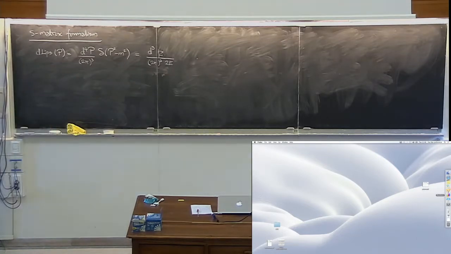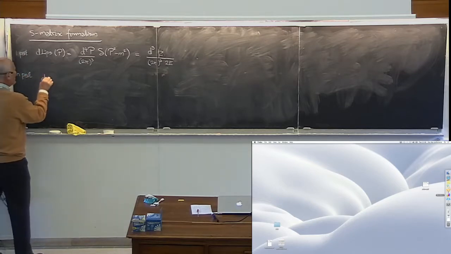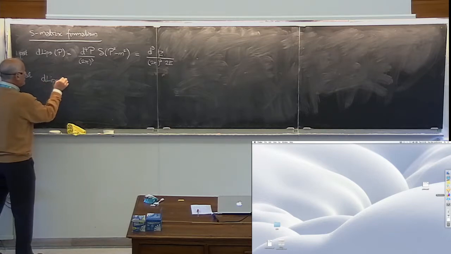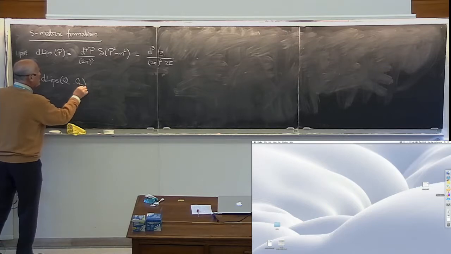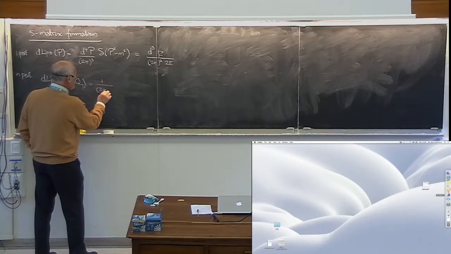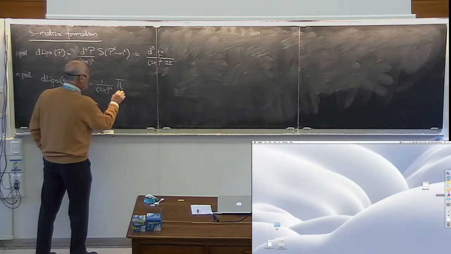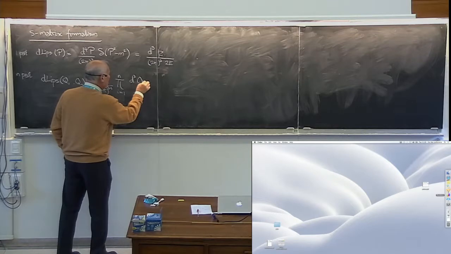And the only other bit of formalism we need, so this is for one particle. So if there are n particles, the Lorentz invariant phase space of the particles from q1 up to qn is equal to 1 over 2 pi cubed to the n, and a product of each of these terms, d3qi over 2Ei.